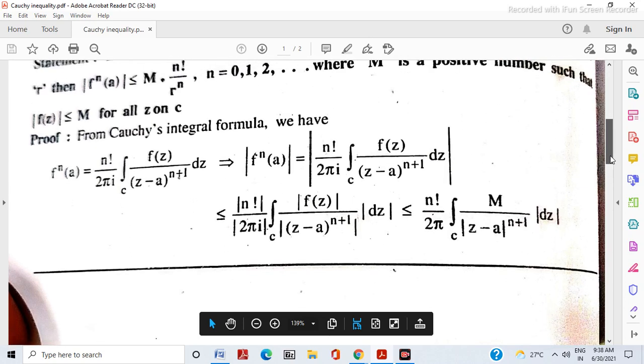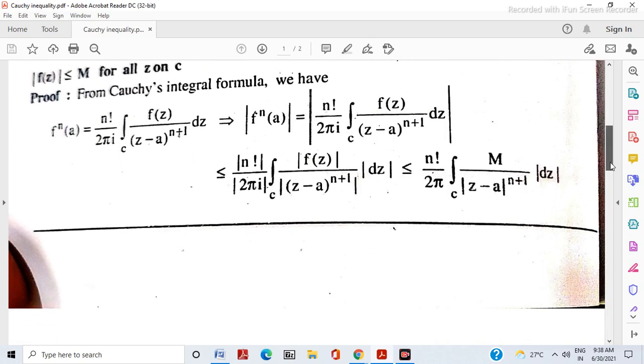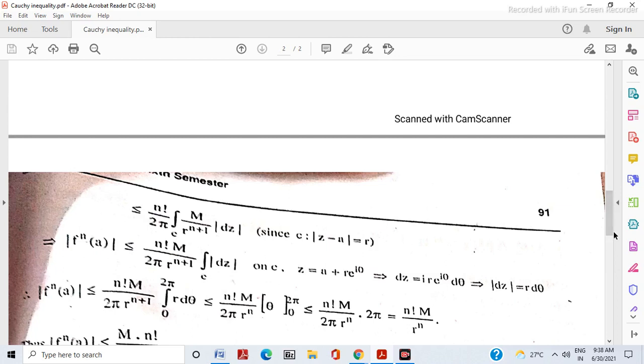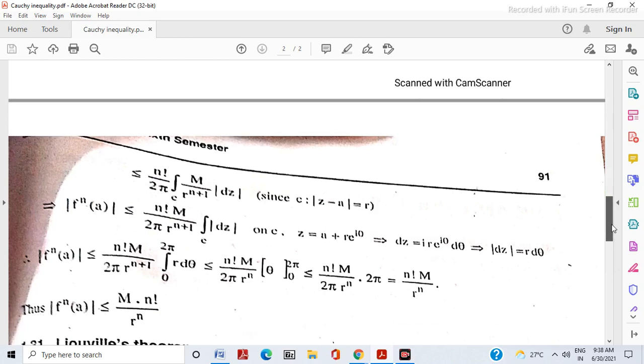C is the circle with center at a and radius R, so modulus of z minus a is R. Since C means modulus of z minus a equal to R, that also we can substitute. Then n factorial by 2 pi, M by modulus of (z minus a) power n plus 1, it will become R power n plus 1, modulus of dz.